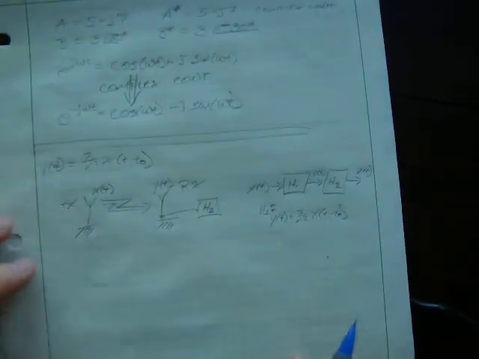We're going to do that with correlation. But we don't actually want to implement correlation. Convolution is much easier to implement in a true system. So we want to massage this to get it in the form of a convolution.